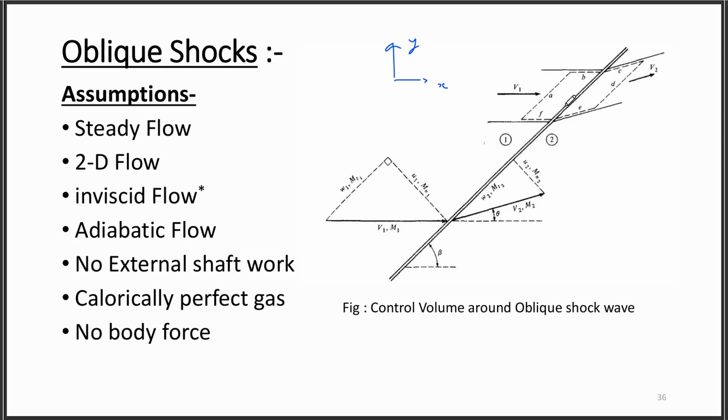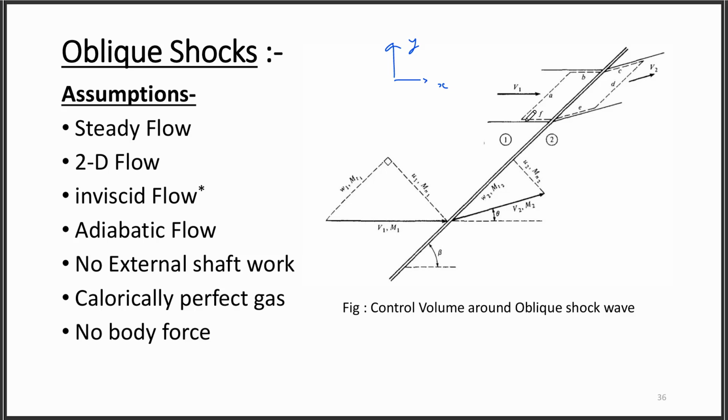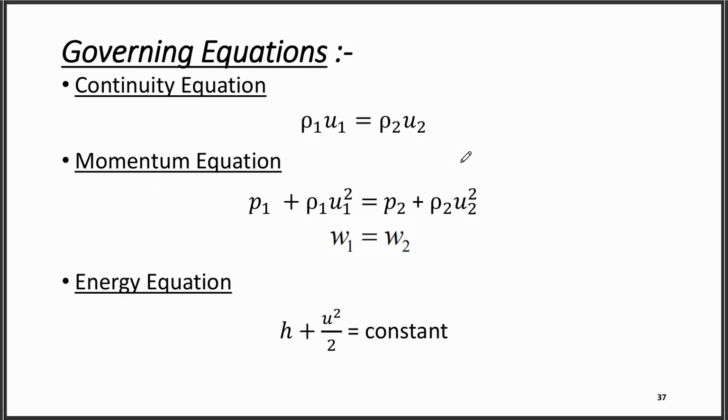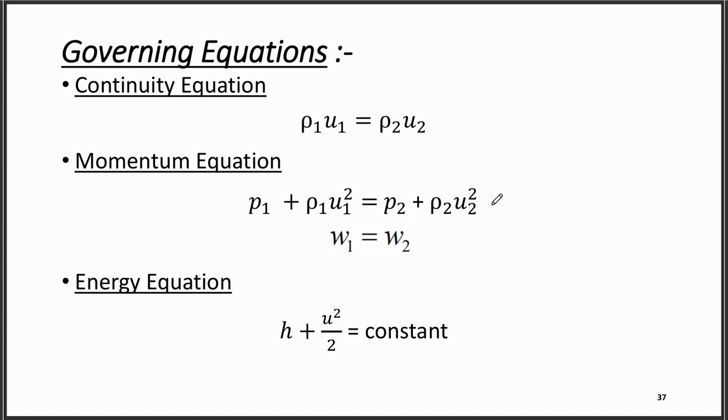We can make one control surface like this, ABCDEF, to derive the governing equations. The governing equations are similar to normal shock. The only difference is that we have to take the normal component in all the equations used for the normal shock.